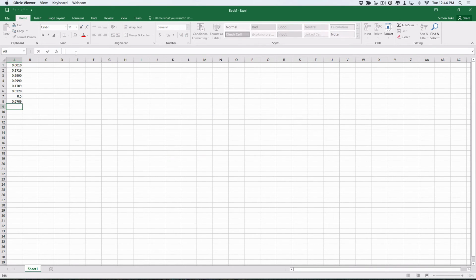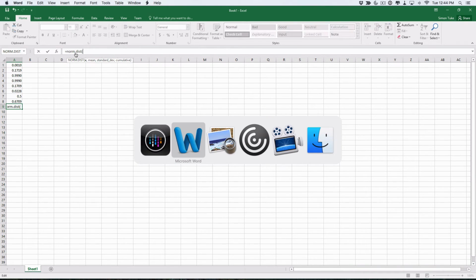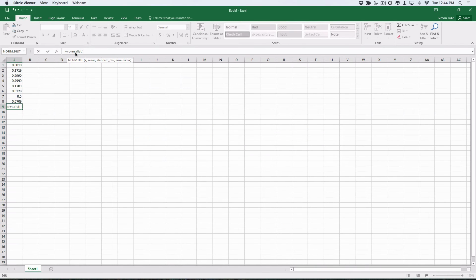So now we'll come here. So that's going to be equal the norm dot dist. First one we want is 4, 4, 0.5, true, minus norm dot dist. This time we've got 3, 4, 0.5, true.